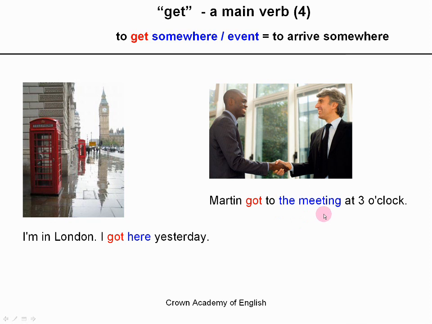But if it is just a normal place, so if it is a place or an event, then we have the preposition to. For example, we can say, Martin got to the concert at 3 o'clock. Martin got to London at 3 o'clock. Martin got to the cinema at 3 o'clock. Okay, so don't forget the preposition.